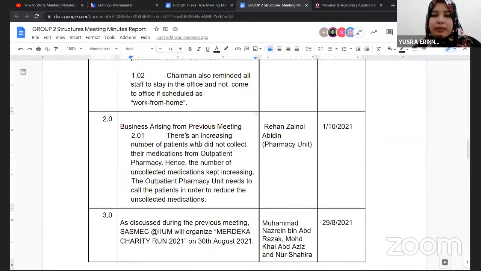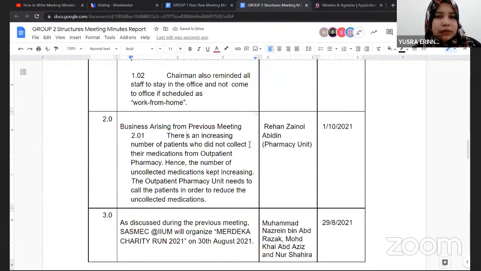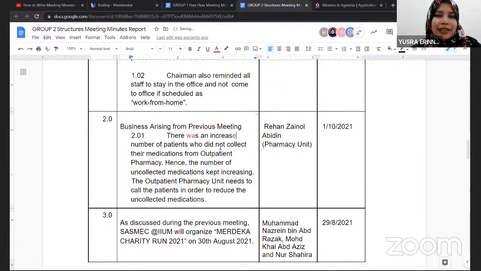So basically it's supposed to be: there was an increase. There was an increase number of patients who did not collect their medications from outpatient pharmacy. Hence, the number of uncollected medications kept increasing.